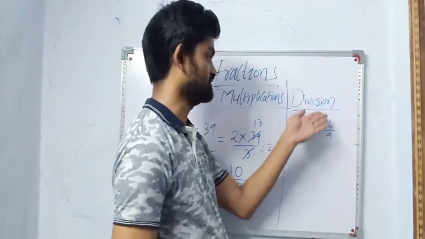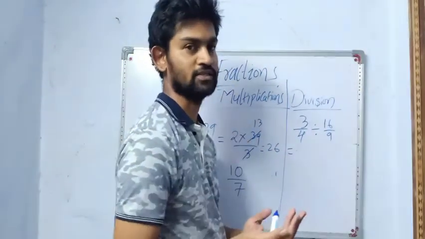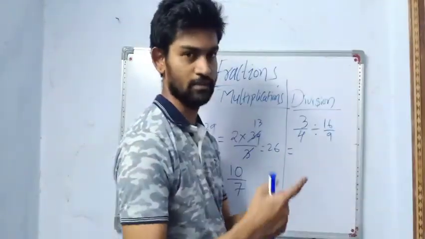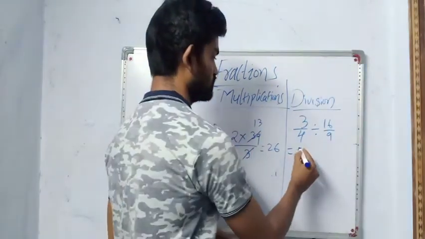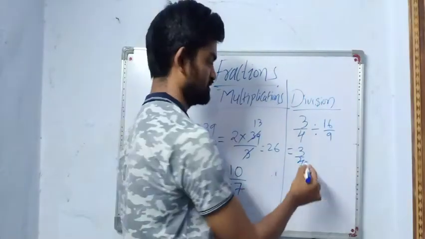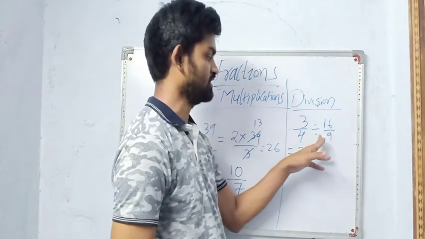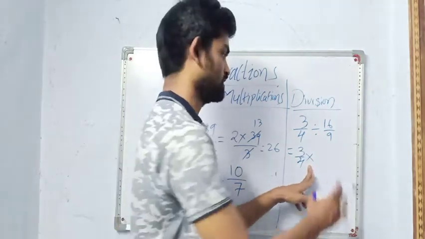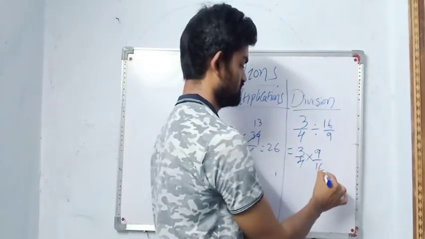Okay, how to divide by 16 by 9? Then convert this division into multiplication. If you convert this division into multiplication, the next fraction becomes its reciprocal. So now I am changing this division into multiplication. So I changed it. 3 by 4, in place of division I have written multiplication. So this fraction you have to write reversed, that is 9 by 16.